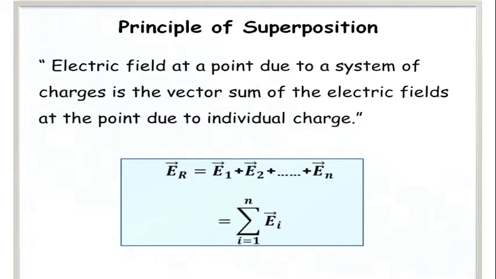That is, ER, the resultant E at point P, is equal to E1 plus E2 up to En. If there are n number of charges, then it will be equal to the summation over i from 1 to n of Ei vector. If i is equal to 1, then it is E1, if i is equal to 2, then it is E2, and like that.